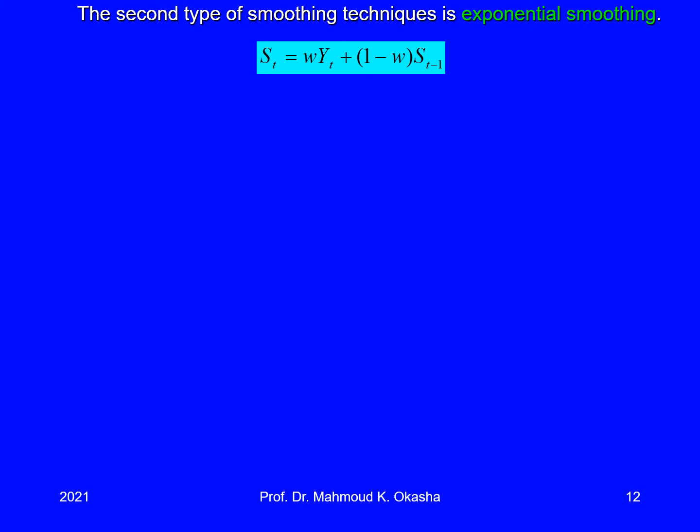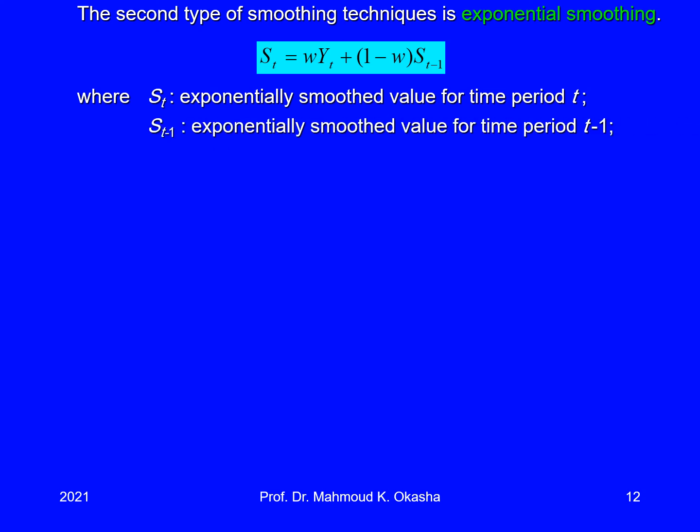In this method, we use the following formula: St equals W times Yt plus 1 minus W times St minus 1, where St is the exponential smoothing value for time period t, and St minus 1 is the exponential smoothing value for the time period t minus 1, and Yt is the observed value for the time series at time period t.